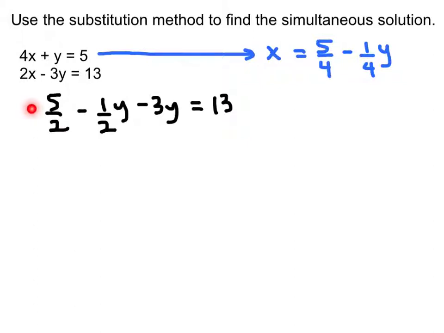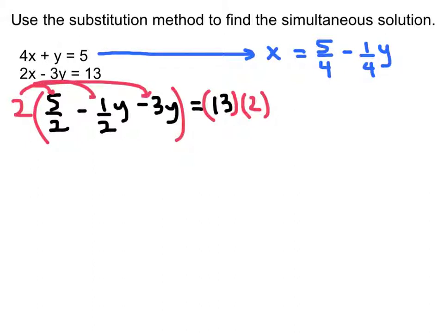Continuing to solve this equation, noticing that it has fractions, it might be nice to multiply both sides by the least common denominator, and in this case it would be 2. So we can do that. 2 times the left-hand side and 2 times the right-hand side. If you distribute the 2 to all terms, 2 times 5/2 will leave us with just a 5. 2 times negative 1/2 y will leave us with just a negative y.